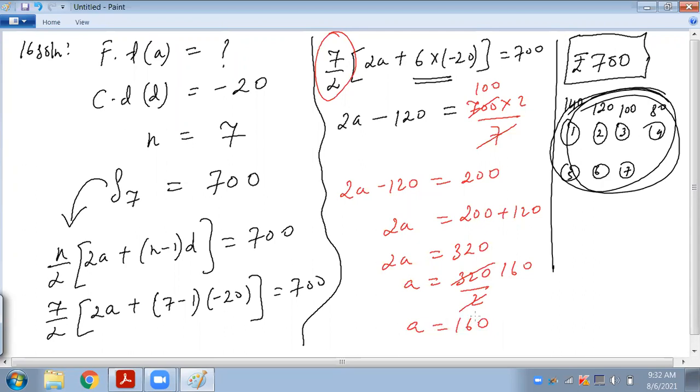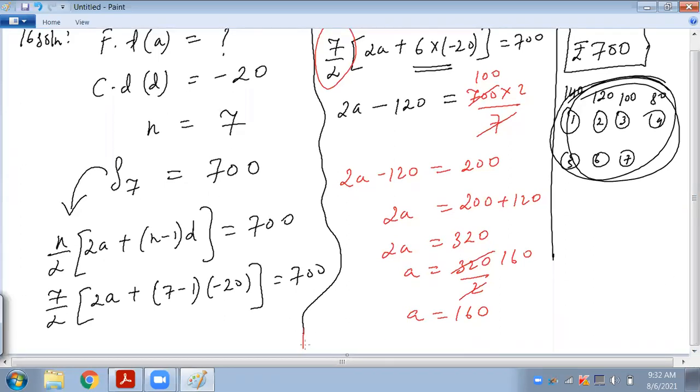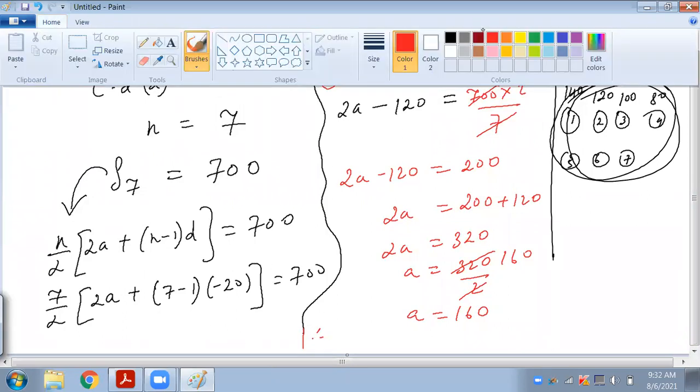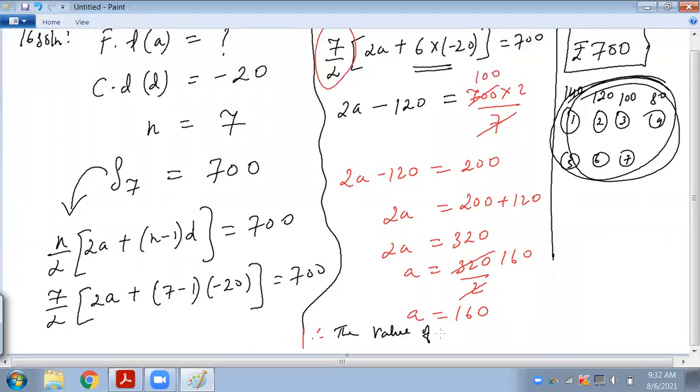Now we know A, so we can tell all the 7 prizes. Therefore, the first one will be how much?